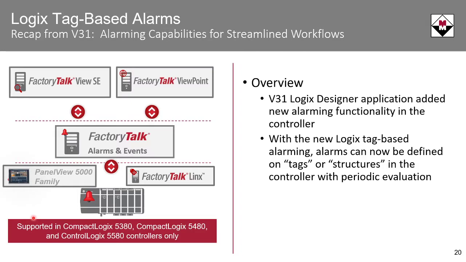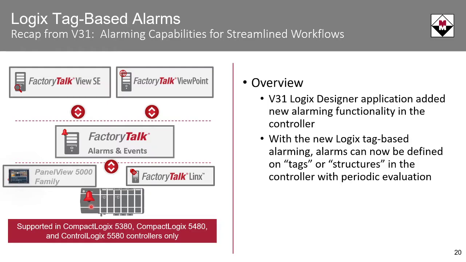Version 31 adds a new method to manage alarms in the controller called Logix tag-based alarms. It is a much simpler configuration on tags versus programmed via instructions. These alarms are delivered to FactoryTalk View SE via FactoryTalk Alarms and Events, and they are delivered to the PanelView 5000 via FactoryTalk Linx.